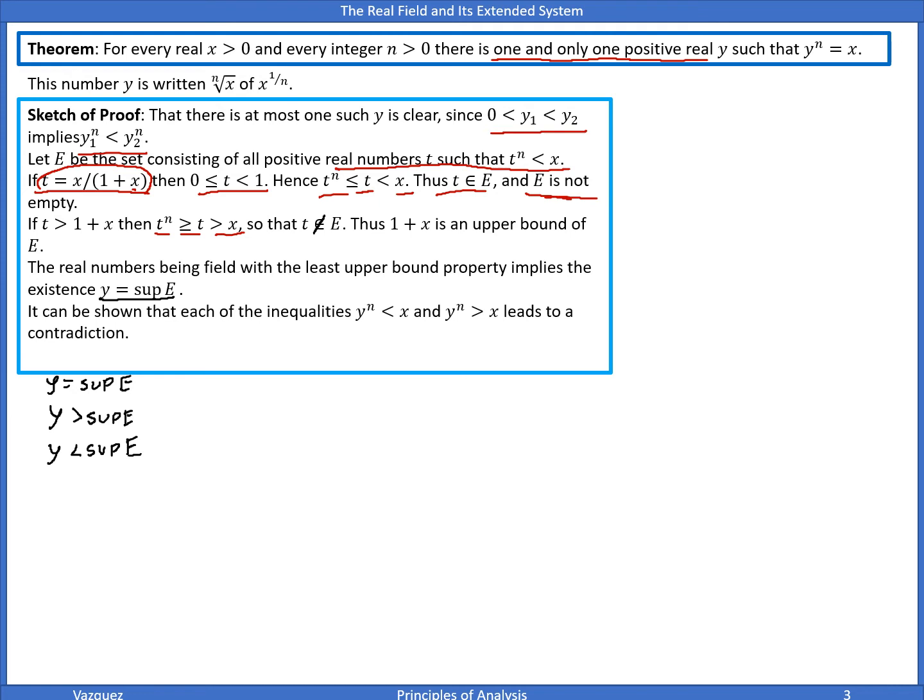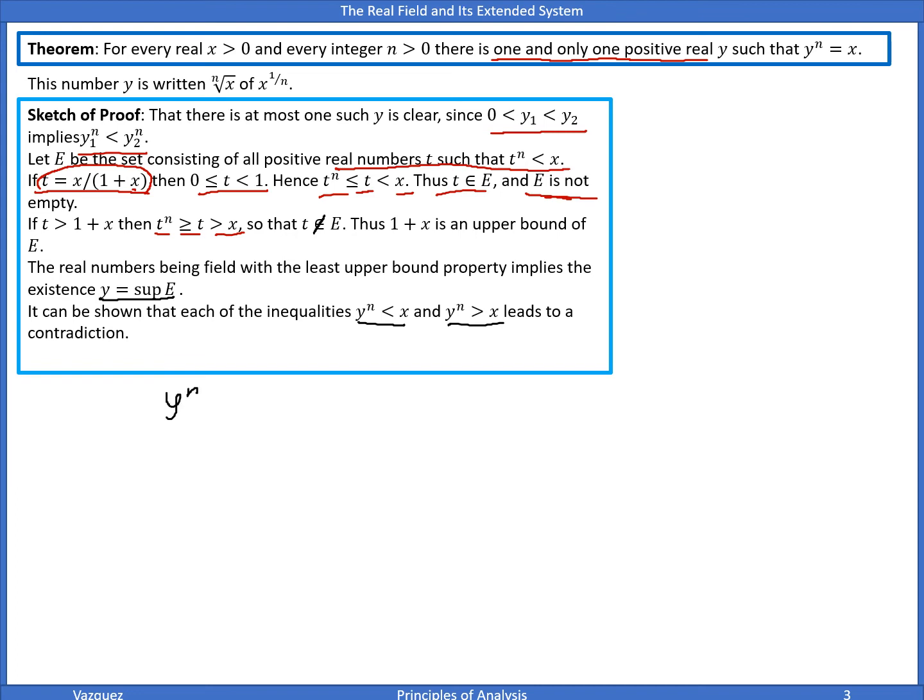So what do we do? Well, we can show that y to the n less than x and y to the n greater than x both lead to a contradiction.